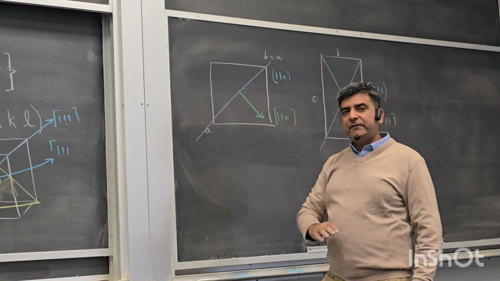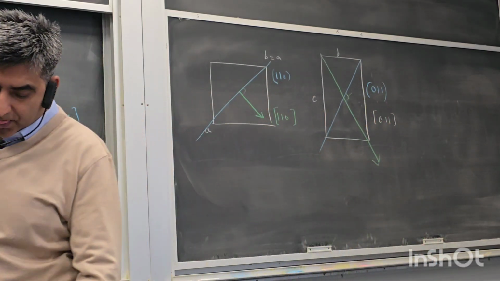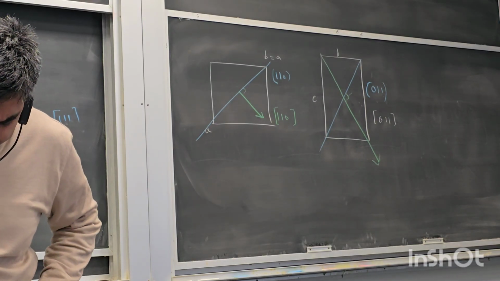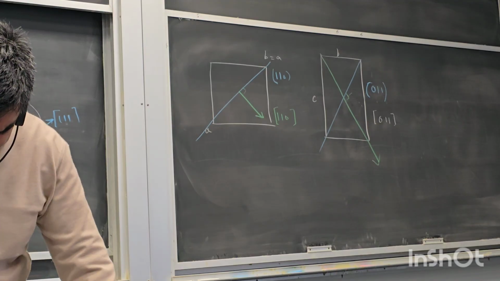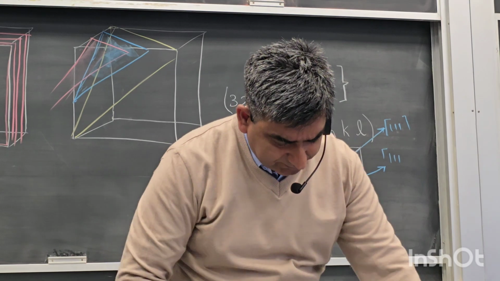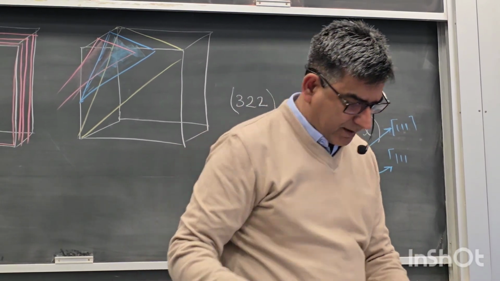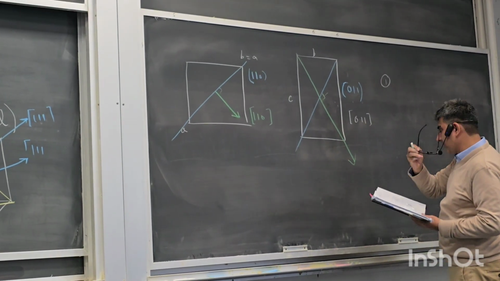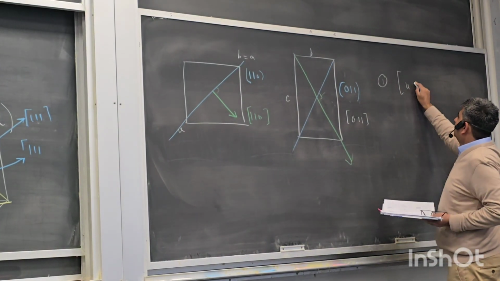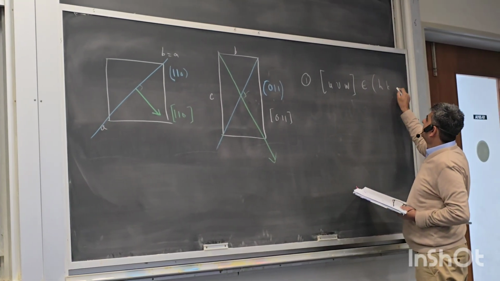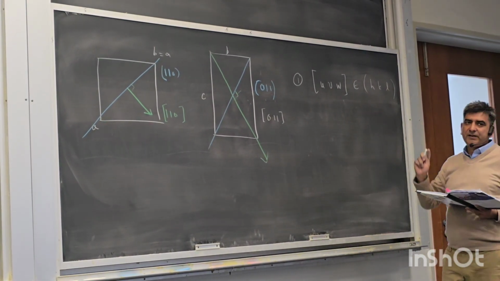Alright, so now we've discussed directions, we've discussed planes, and now there are certain rules you would like to know. And these stem from simple geometry. The first rule is that a direction UVW will belong to the HKL plane if the dot product between these vectors is 0.